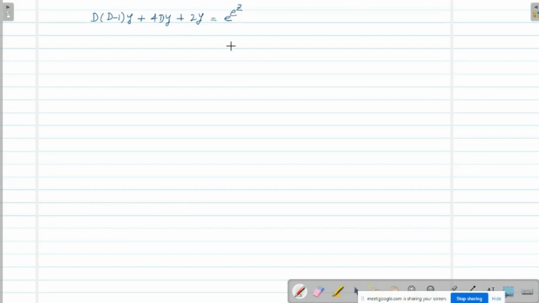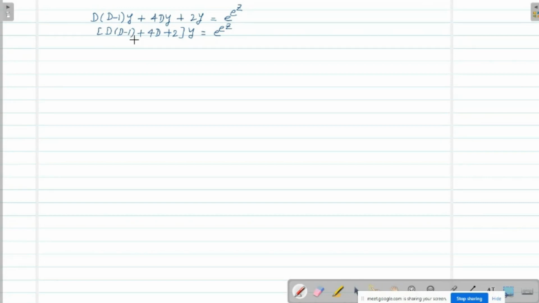D(D minus 1)y plus 4Dy plus 2y, and this is equal to e raised to z. Now taking y as common from each term, this becomes D(D minus 1) plus 4D plus 2, and y, equal to e raised to z.